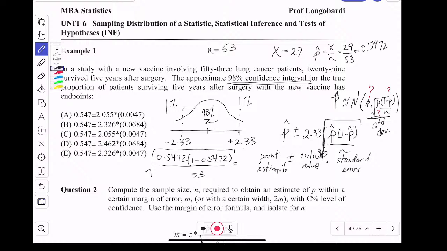So you end up with 0.0684. So this is the standard error. It's the estimate of the sample proportion.